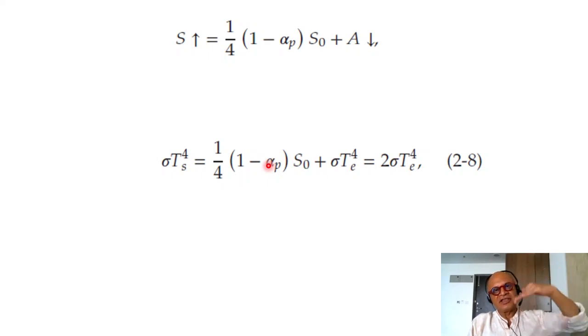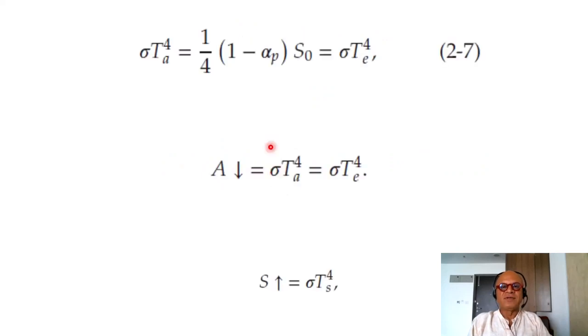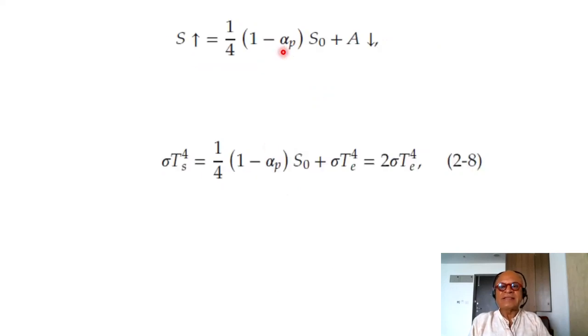The net energy was 1/4 times 1 minus alpha P times S0, and the outgoing was A going out. So that's what we had written before here, right? So plug that in and you end up with sigma Ts to the fourth equal to 2 times sigma Te to the fourth. So that gives us the surface temperature, which is 2 to the 1/4 Te.